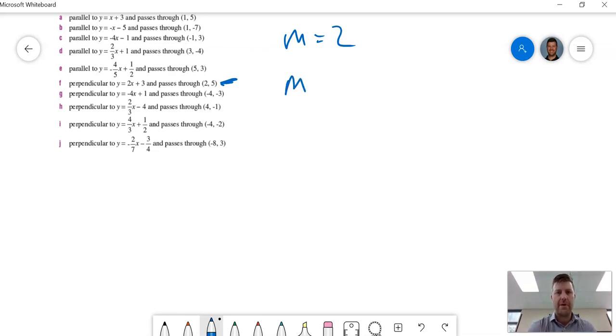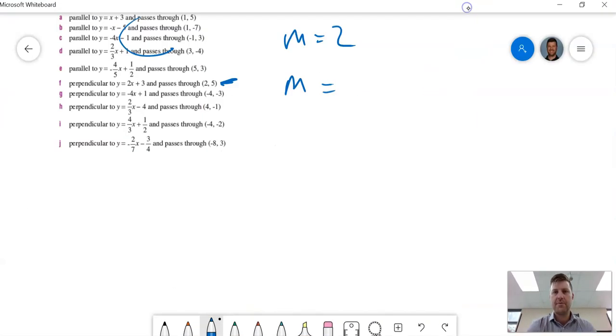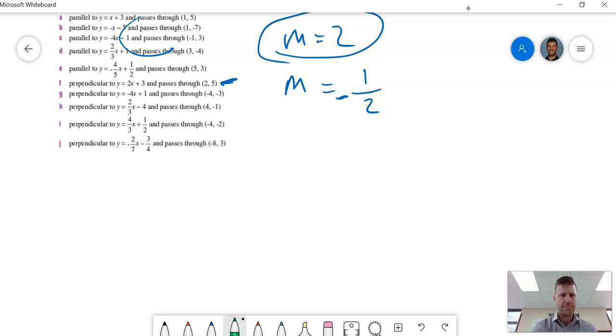So the gradient of my second line needs to be a negative reciprocal of 2. So if I flip the fraction there, it'll become 1 over 2, and the negative reciprocal would be minus 1 over 2. So my new equation has to have a gradient of negative 1 over 2. Okay, that's a negative reciprocal. And it passes through points 2, 5.